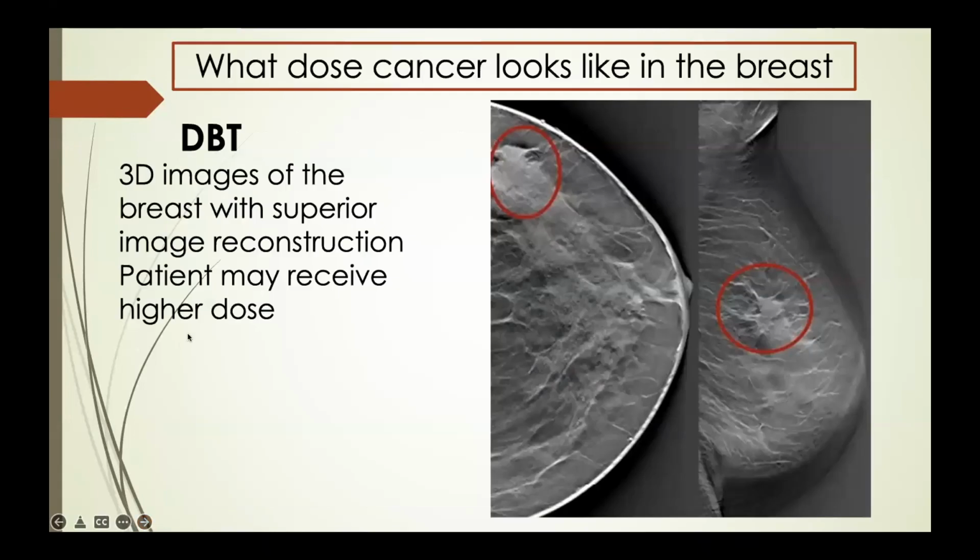All right. So what does cancer look like in the breast? I'm not a radiologist. I'm a physicist. I don't know. I have to see many images. In fact, I remember when I was spending some time in mammography for my training, I had to look at many images before I could say this is a cancerous tissue or not, because just looking at it, I'm just seeing black, white, gray.